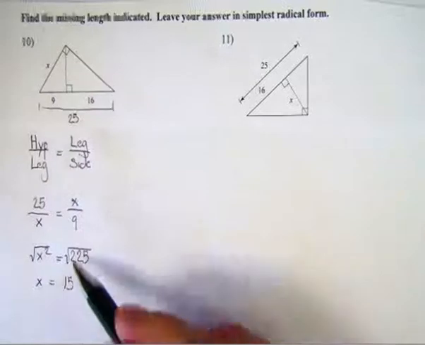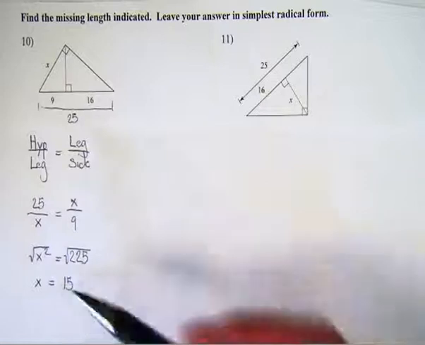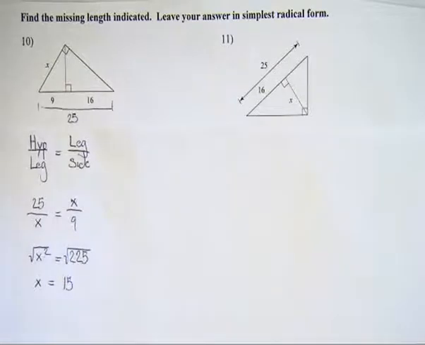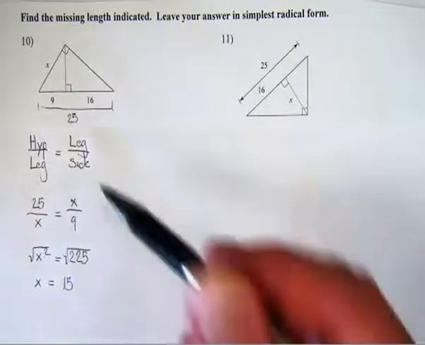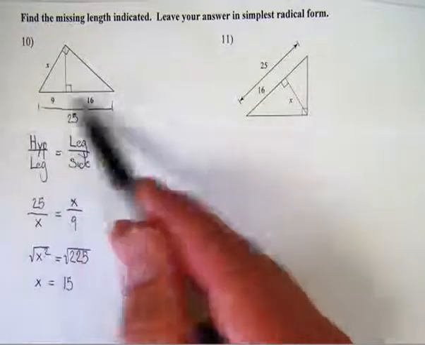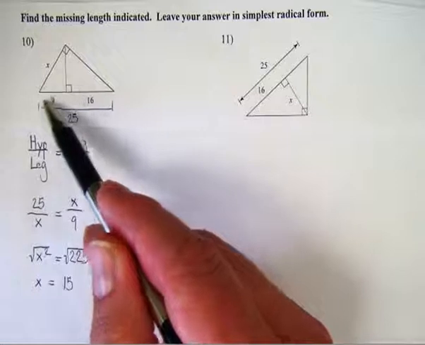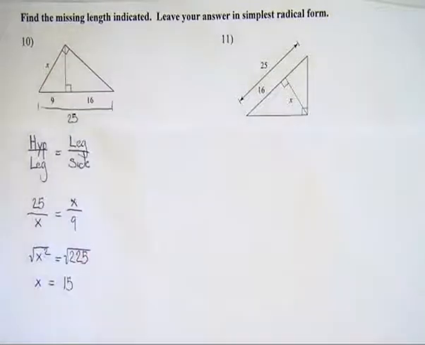Now, technically speaking, x could be positive or negative 15, but you're not going to have a negative side length. So x, in this case, is going to be 15. Alright, so this is this situation. If you have the leg of the outermost triangle, it's the hypotenuse over the leg equals the leg over the side that includes that leg.